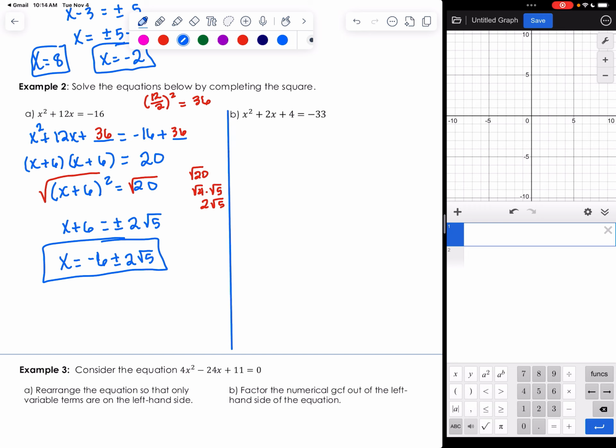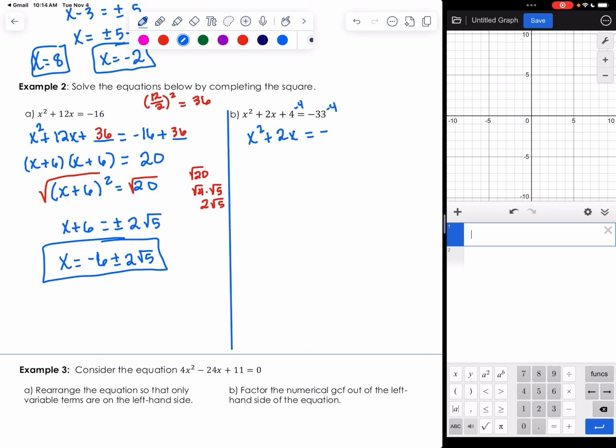All right. Problem B, we have x squared plus 2x plus 4 is equal to negative 33. Now, the first thing I want to do here is combine like terms. I need to subtract 4 here and subtract 4 here, so that on this side we just have variable terms, x squared plus 2x.